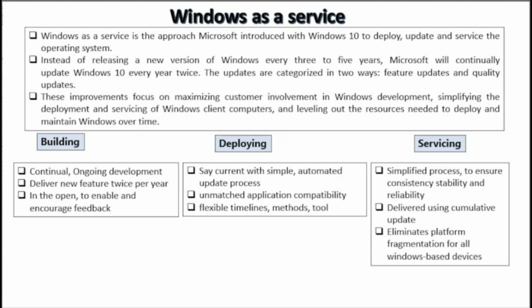environment. Windows as a service will deliver smaller feature updates two times per year, around March and September, to help address these issues. With Windows 10 or 11, new features will be delivered to the Windows Insider community as soon as possible during the deployment cycle.